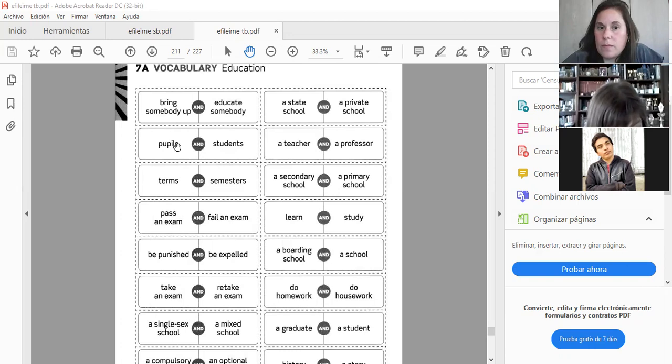Pupils, I think it's more like apprentice, someone that you teach something, but the pupils are not from school. Students study in school or courses, but pupils, it's something more like, I don't know the word.